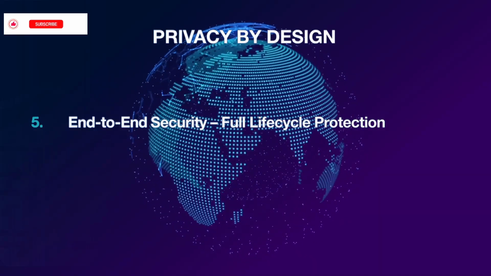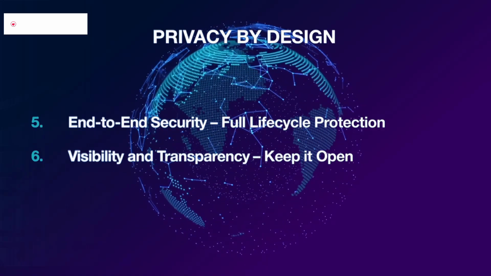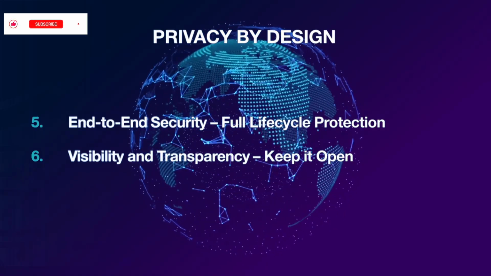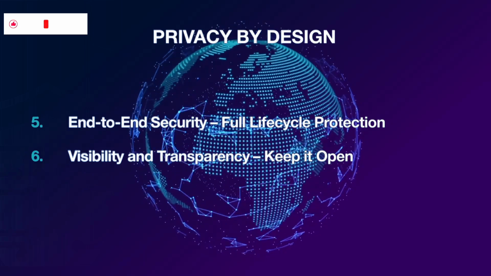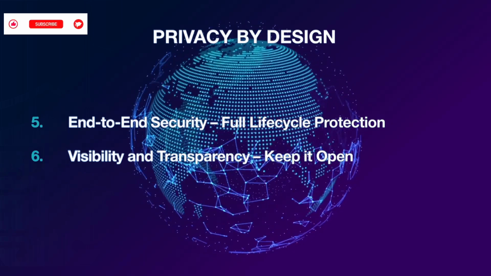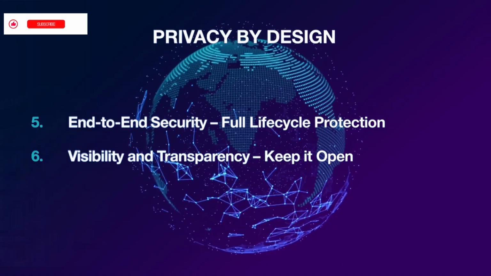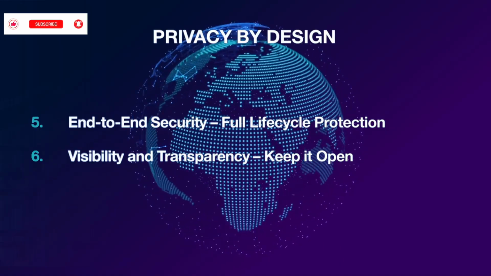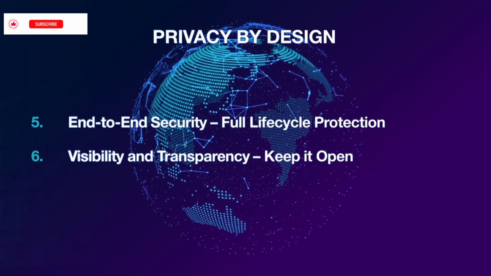Number 6 is visibility and transparency, meaning keep the system open. We talked about open systems and closed systems, and that's what we are talking about here. We are focused on open, having everything visible, all the products and all the services, while we are protecting the data and other things like encryption keys and so on.